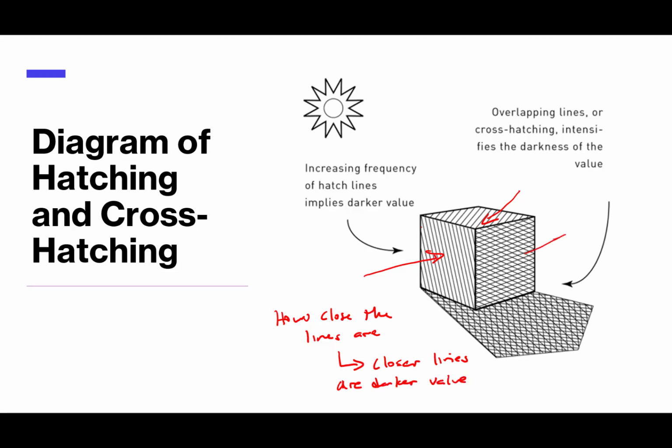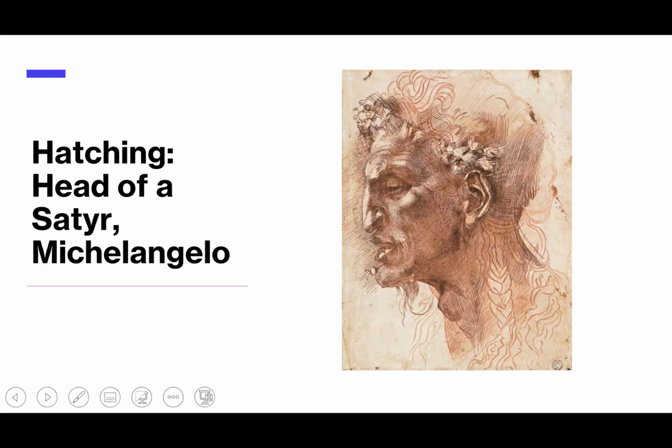And then cross-hatching, right, is crossing the lines. And again, more lines crossed equals darker value. So here's an example of, this is by Michelangelo, the head of a satyr.